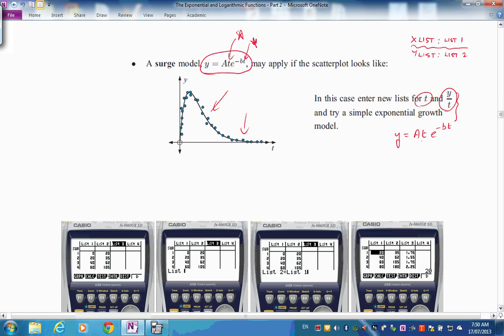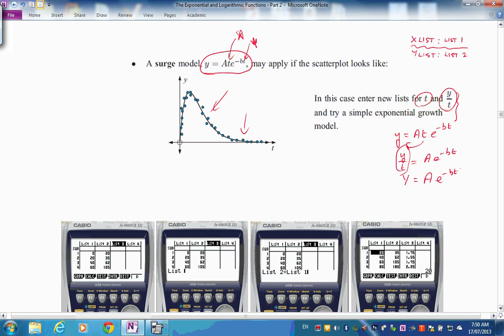Well, if I divide both sides by t, y on t equals A e to the negative b t. So if I plot that as my new y value, if you like, then what am I going to get?